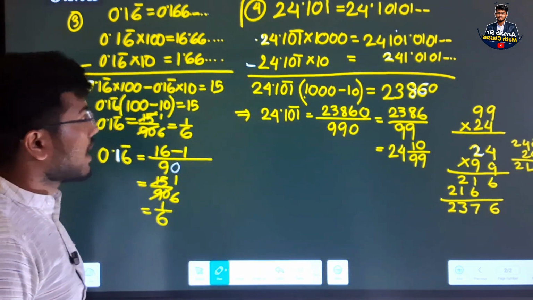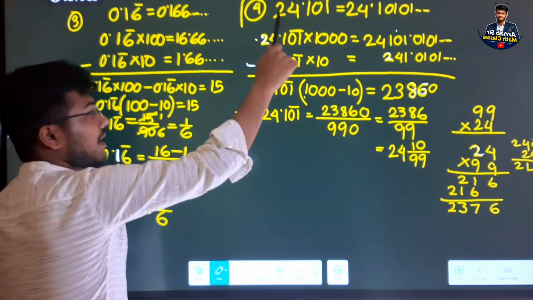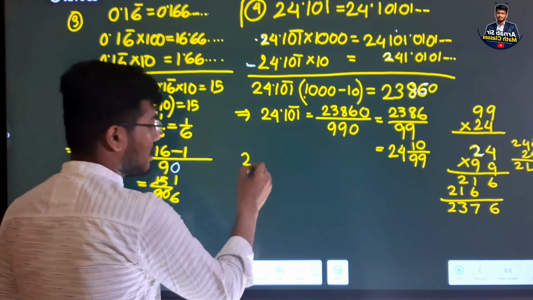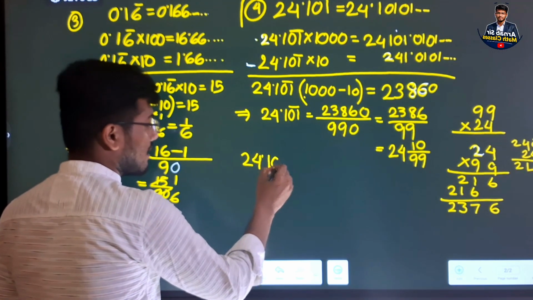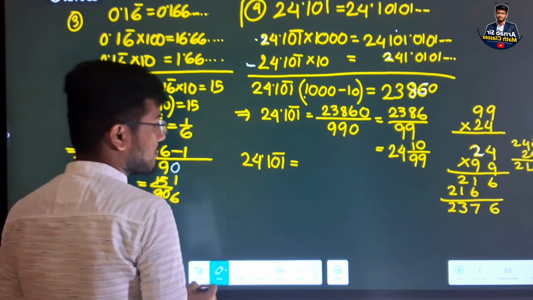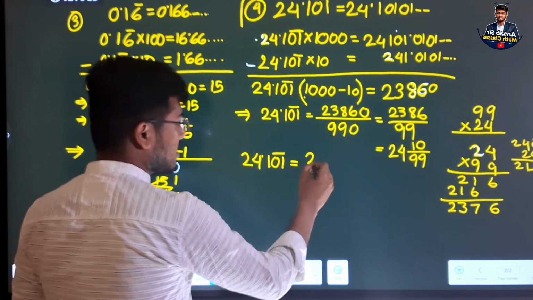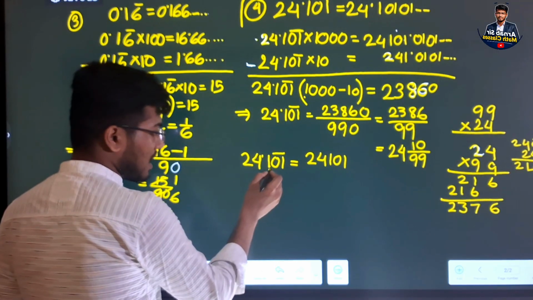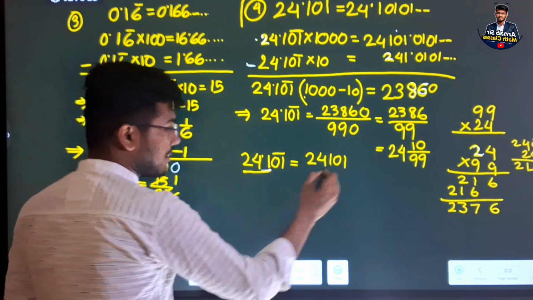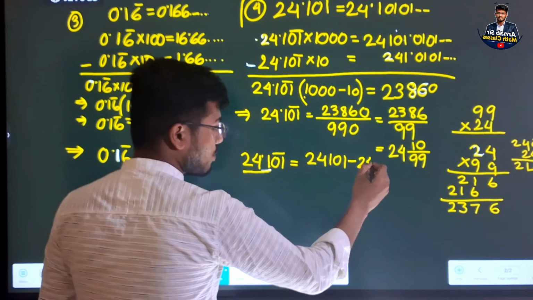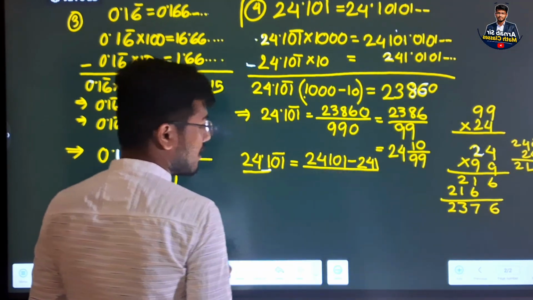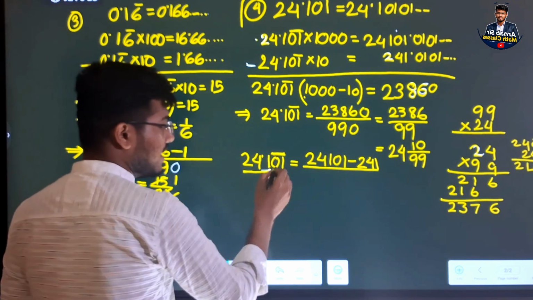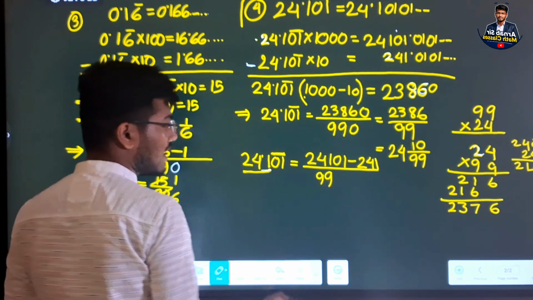So if you write down the recurring number as a fraction, what is the shortcut way? At first you write down the mixed recurring number. What is the total number? At first write down the total, 24101. Then subtract 241. How many digits are in the recurring number? 2 digits, that means 99 is there.